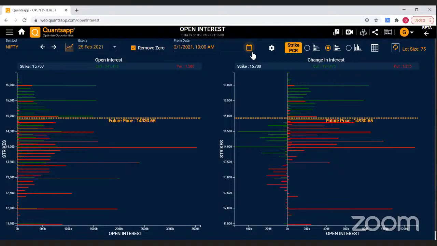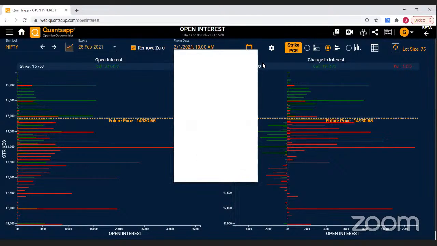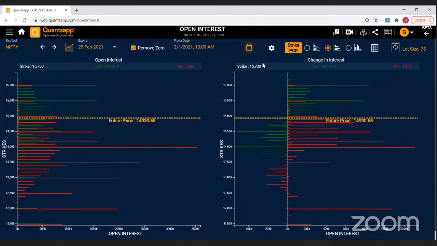Suppose the budget ended at, I don't know, 12 or 1, I can actually analyze through here how the market was shifting. So this comes in very handy, giving the complete picture of the whole call writers and the put writers.